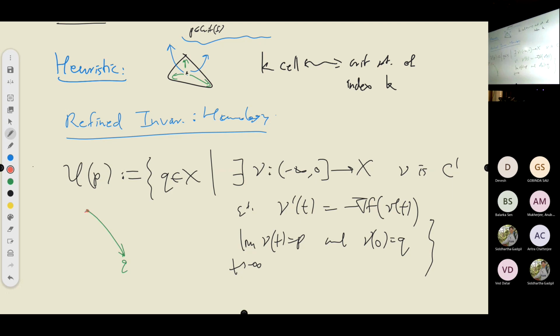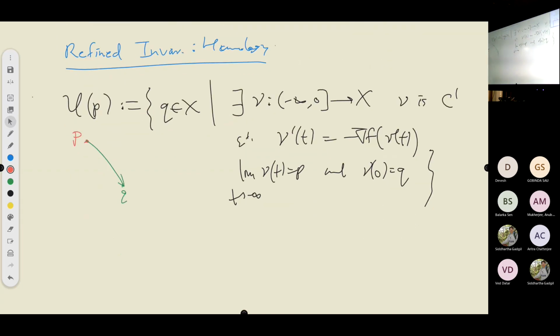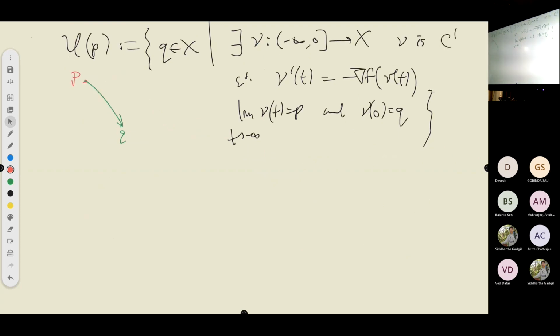It's supposed to be P. Okay. So keeping in line with that heuristic, this is supposed to be your K cell of sorts. And to put this on a firmer footing, it's called the unstable manifold.